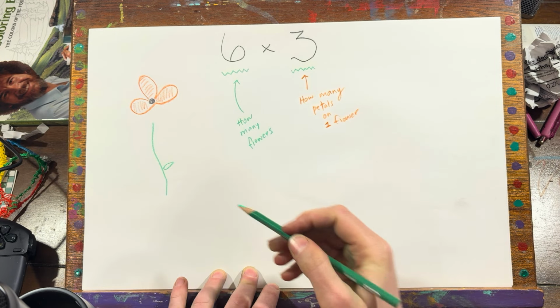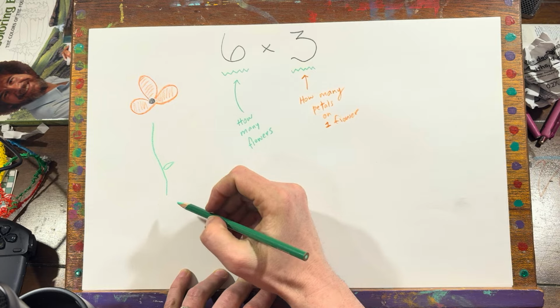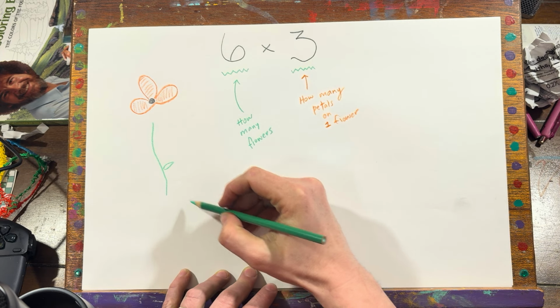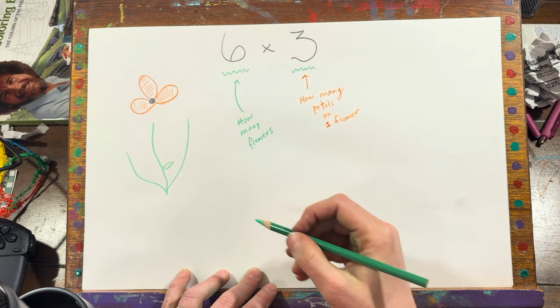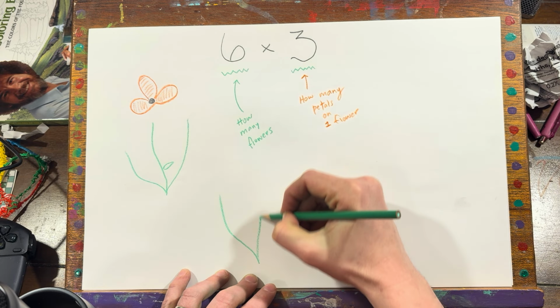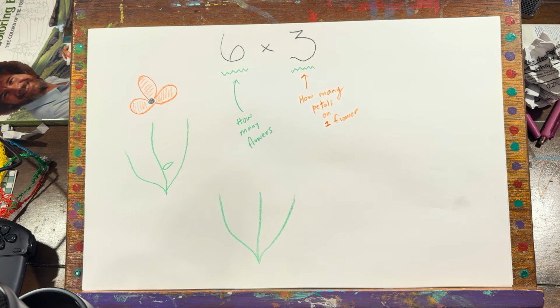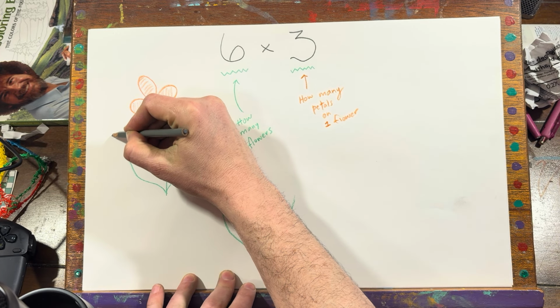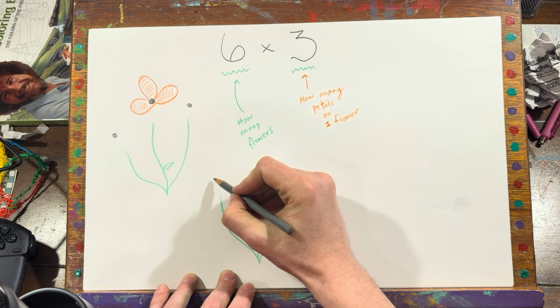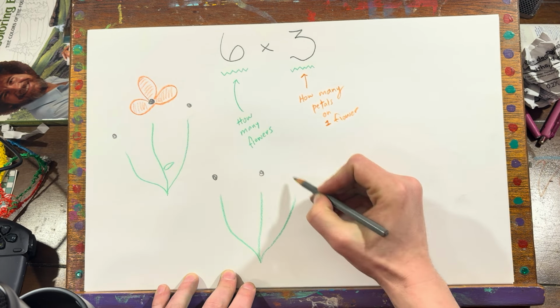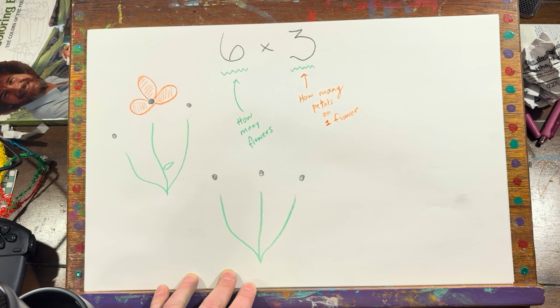So in this case, I have to draw 6 flowers. I've drawn 1 so far, so let me draw some more. If I have 1, 2, 3, 4, 5, 6.